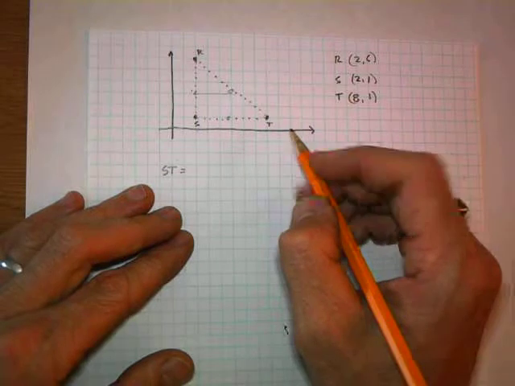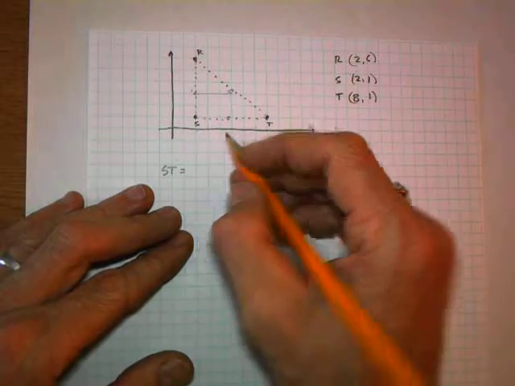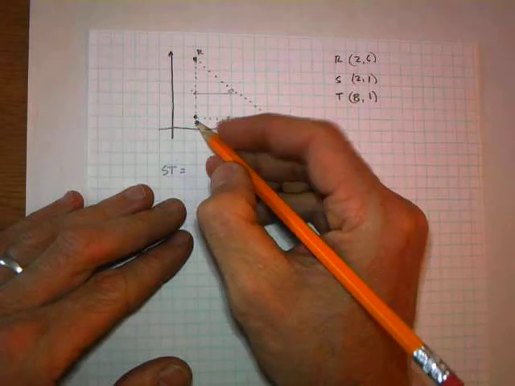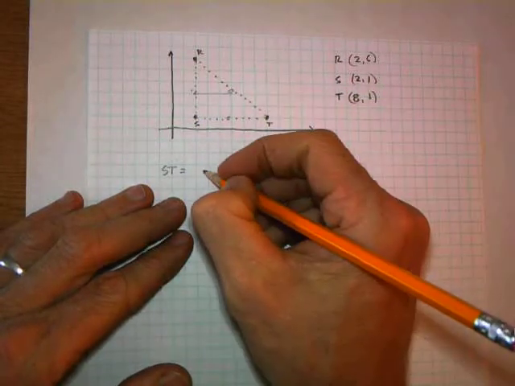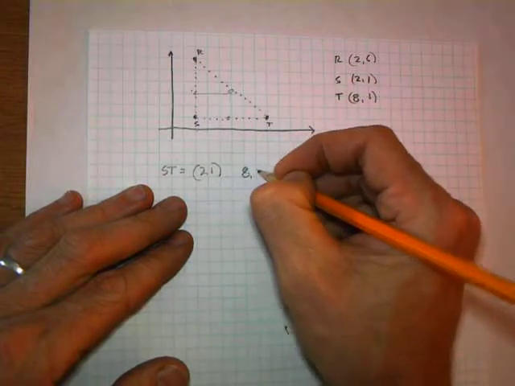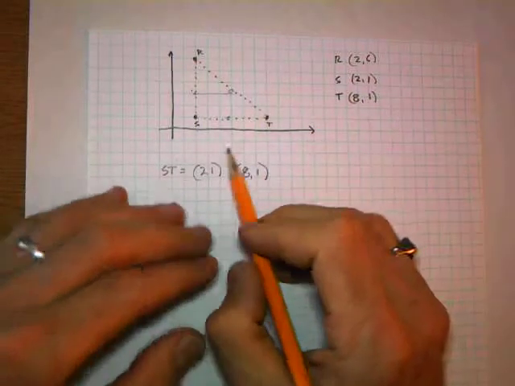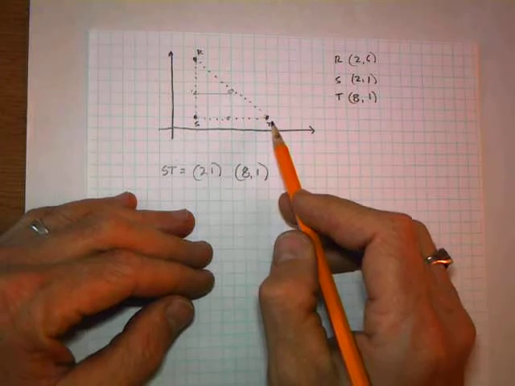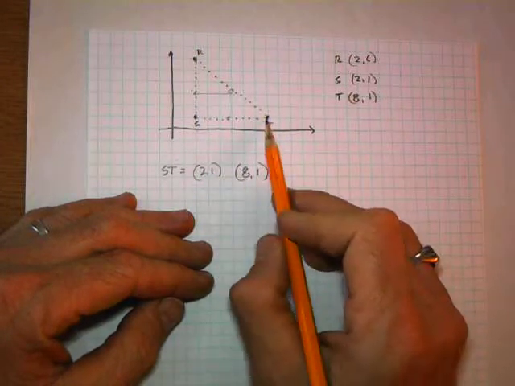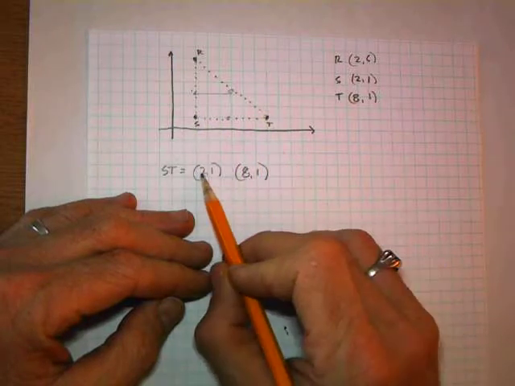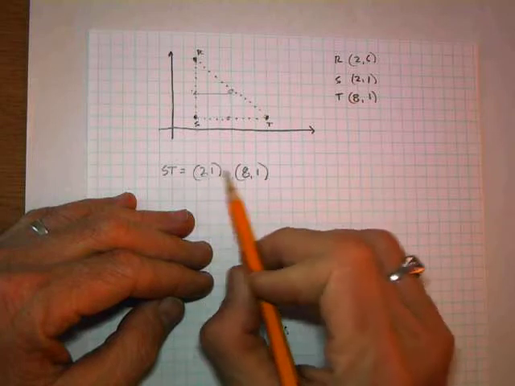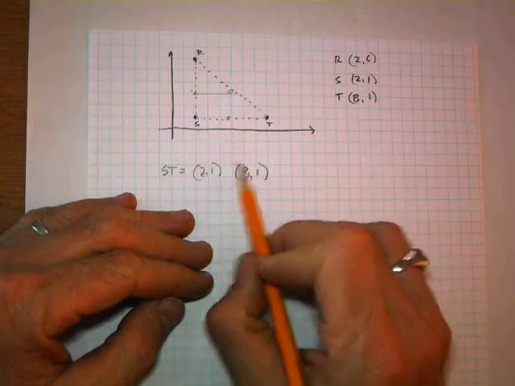Well, you could do it a number of different ways. You can say in the X direction only, point S is 2, 1. Point T is 8, 1. So what is the horizontal length? Well, the Y direction is the same. They're both 1 up. So the difference is 8 plus 2 divided by 10, the average of the 10.